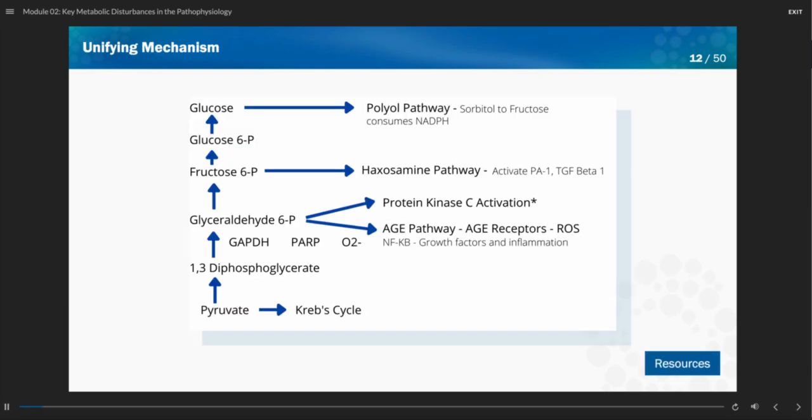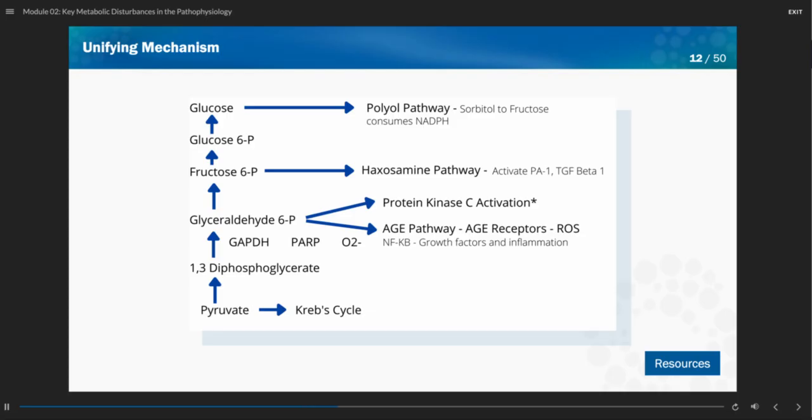So glucose starts out there at the top, and it can turn into the polyol pathway, sorbitol, into fructose, and that consumes some NADPH. It can be changed into fructose, which can then enter the hexosamine pathway, activates PAI-1 and TGF-beta1, which can cause their own problems.